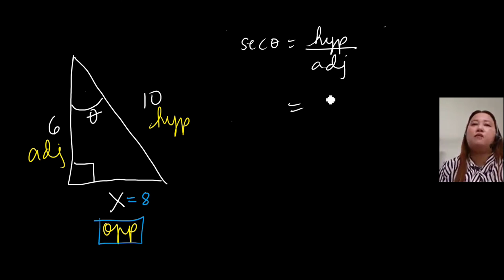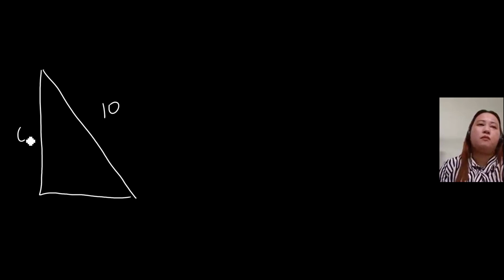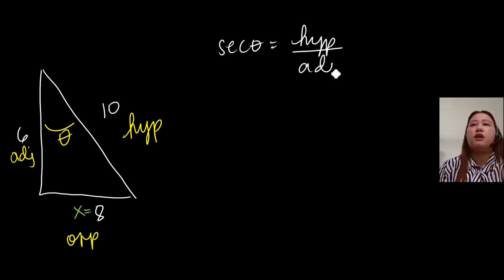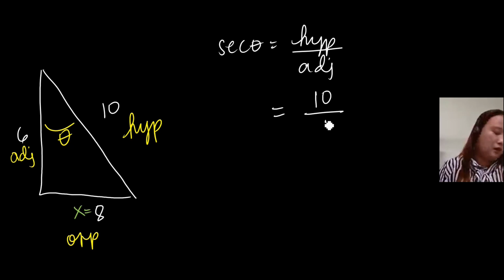So substituting, our hypotenuse is 10, adjacent is 6.